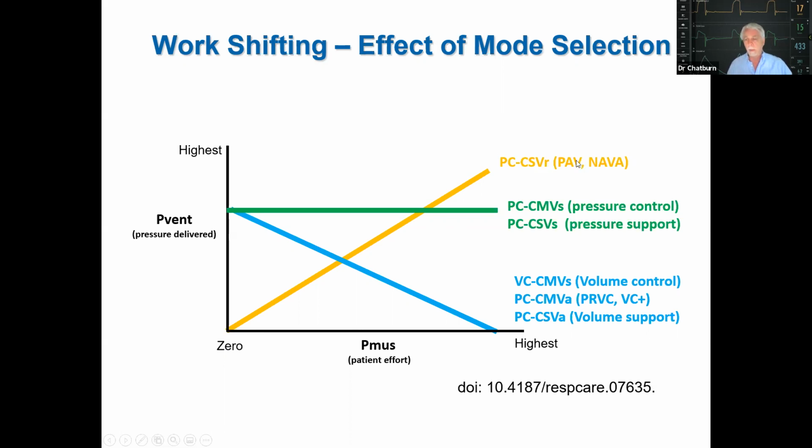And this is essentially proportional assist ventilation, neurally adjusted ventilatory assist or NAVA, and also tube compensation if you want to consider that a mode. So you can see there's a vast difference in the way the ventilator responds in terms of providing assistance for the patient's inspiration, depending on what the patient does and depending on the mode you choose.